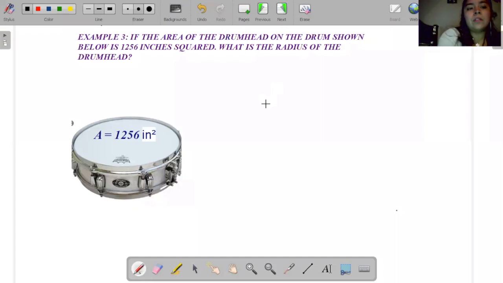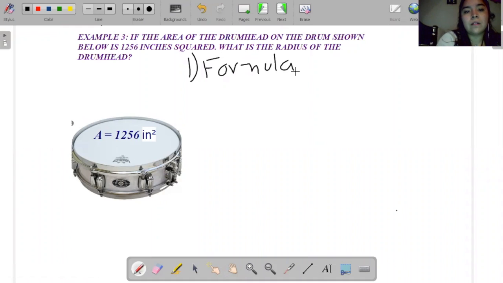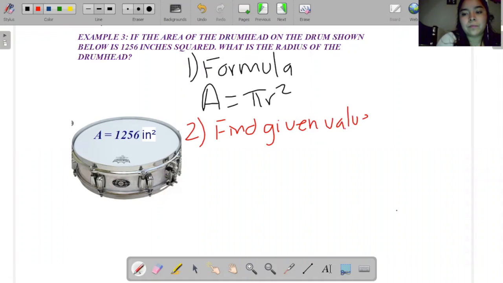As we remember, our first step is to write down our formula. And we know that area is equal to pi r squared. Our second step is to find the given values and substitute.